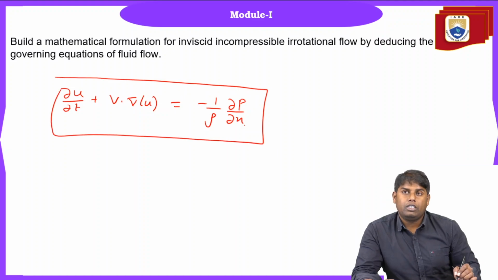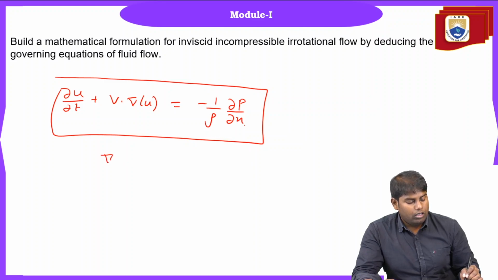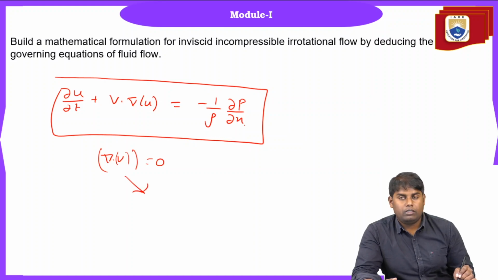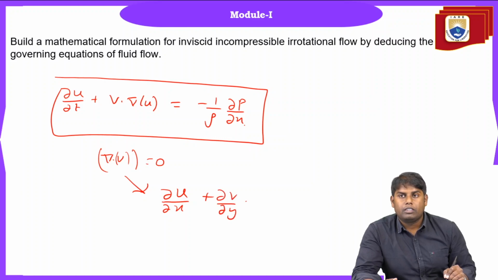So this is the equation, and the other equation we have is del dot u equal to 0. If we expand this, that will become dou u by dou x plus dou v by dou y equal to 0.